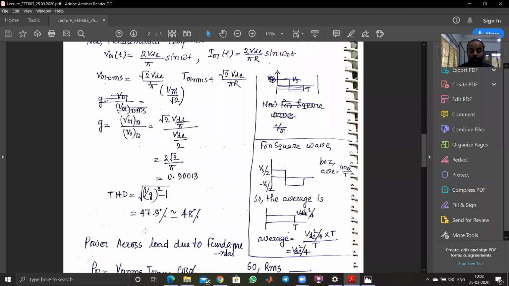Also we found the power across the load for a single phase half bridge inverter, the total power and the fundamental power. Finding the total harmonic distortion is very important, because as per the harmonic distortion of an inverter, we will design our filter as per the requirement. So this distortion is very important.